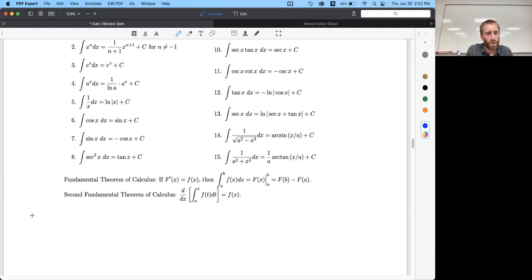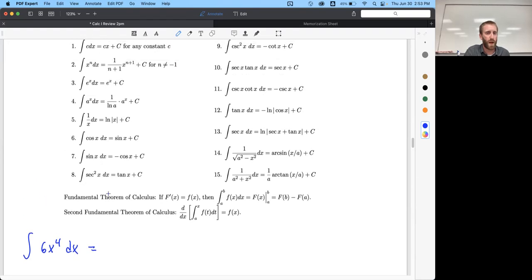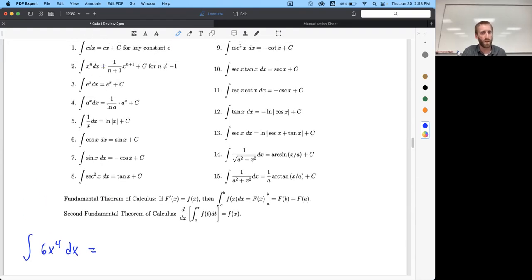And so like the integral from, well, let's do an indefinite one first. So the integral of 6x to the 4th dx, we're looking for what function would give me a derivative equal to 6x to the 4th. And so using the power rule in reverse, we can use this up here.